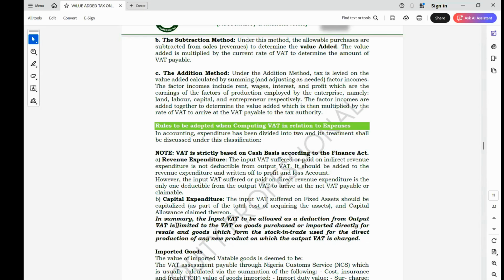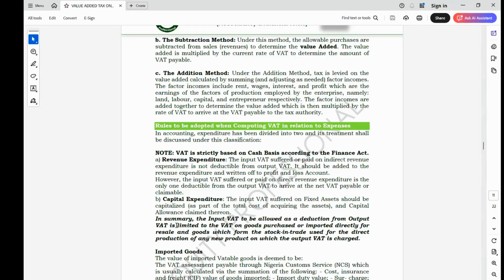So those expenditure are indirect to the business. Because they are indirect to the business, they are not going to form part of the input VAT when you are computing your value added tax. That is how to determine whether an expenditure is direct or indirect. If you are talking of a different business, an audit firm, that food and drinks is not going to be direct to them.